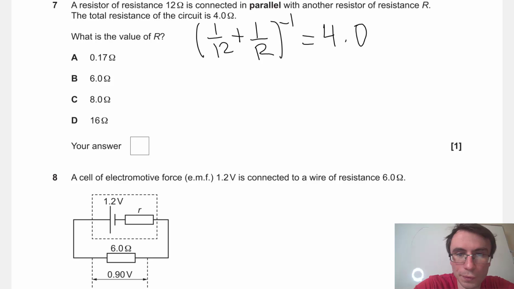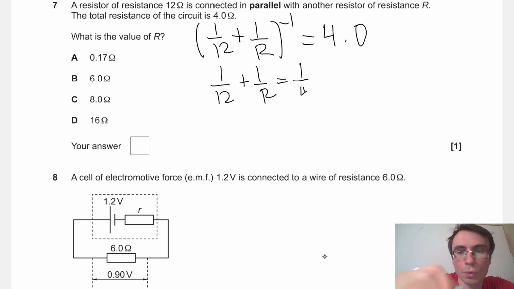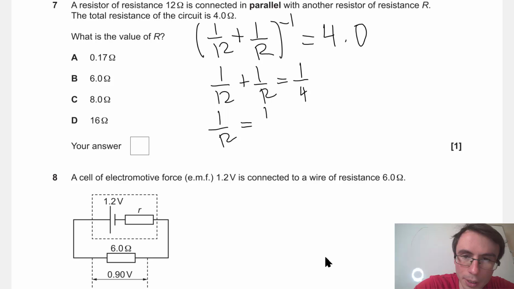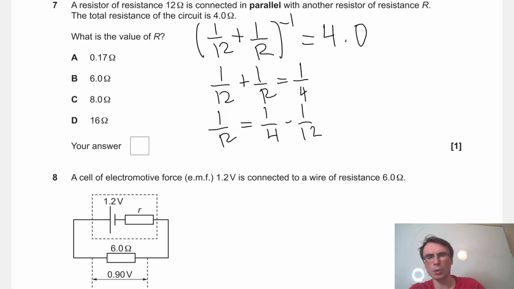So let's just flip everything. So I'm going to go 1 over 12 plus 1 over R is equal to 1 over 4, and then we're going to go 1 over R is equal to 1 over 4 take away 1 over 12. This question is way easier with a calculator.